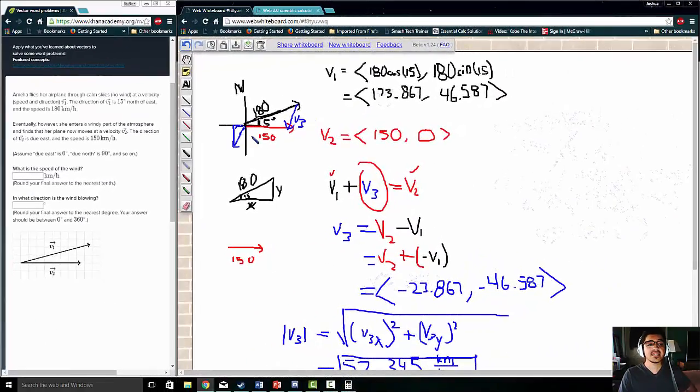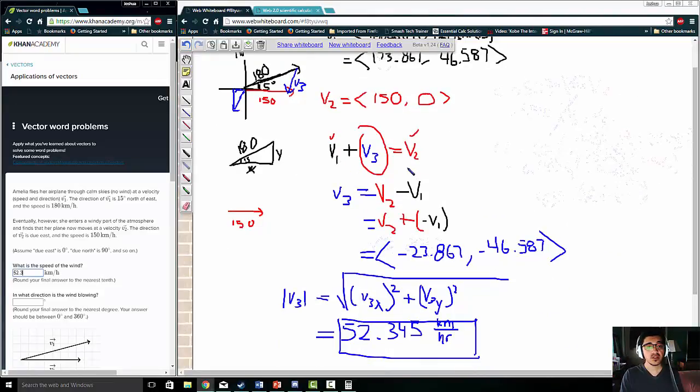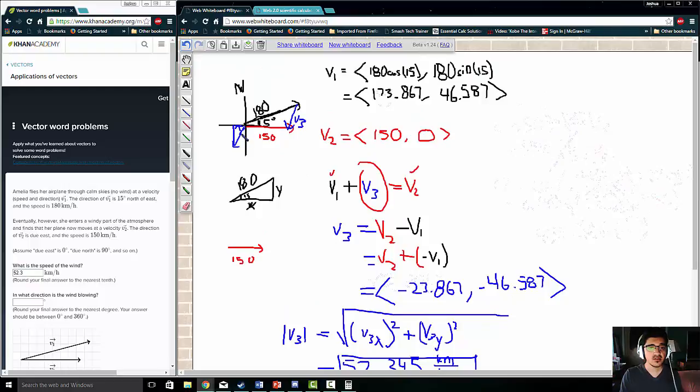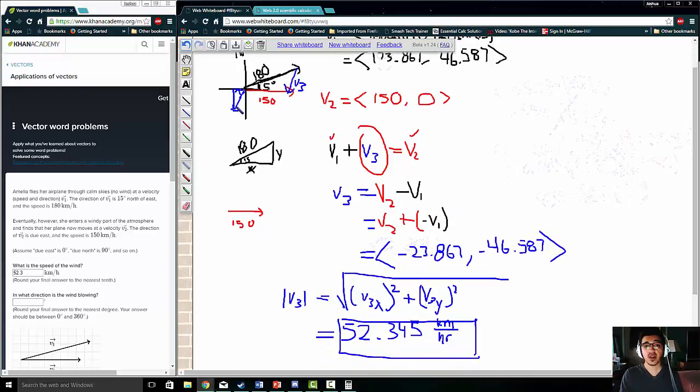So now to find the direction that the wind is blowing. In what direction is the wind blowing? Well, that refers back to this vector. We care about this angle now. To find this angle, we can use anything from SOHCAHTOA. For example, I could use tangent, where it's the opposite over the adjacent, and that is the y component over the x component, which we already know.